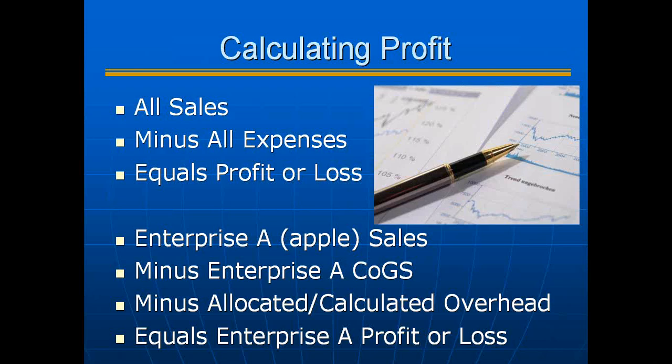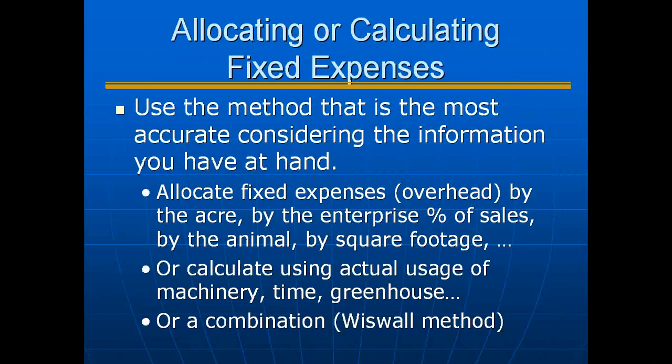And again, I've already touched on this a little bit. We want to, and some of the questions have been about this, how we are allocating or calculating those fixed expenses when we're doing an enterprise budget analysis. And the examples in the book are excellent, but I just want to emphasize a couple of things here.